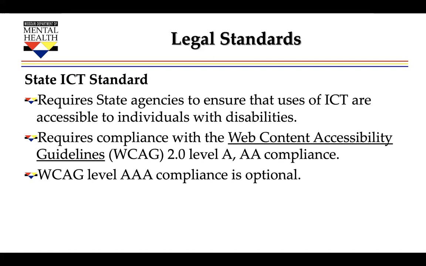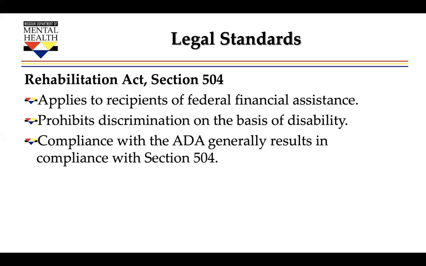Now, the WCAG standards have 3 levels of compliance: level A, level AA, and level AAA. So for us at state agencies, AAA level compliance is optional, but in most cases we are required to comply with levels A and AA.